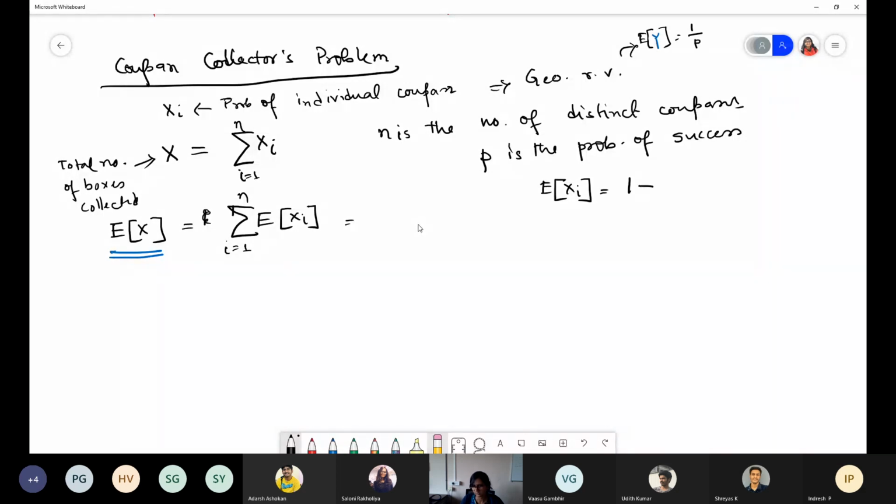One minus what? How many coupons have I already collected? i minus 1. How many coupons am I left with? Total number of coupons n, so n minus i, plus 1. So if we take the sum over this, what did we finally get?